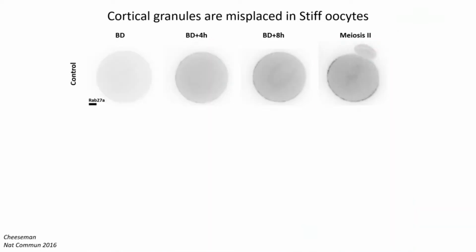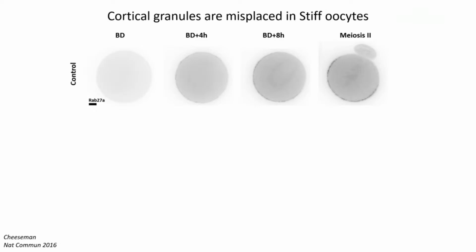And so we looked also at cortical granules, which are important to avoid polyspermy. So these granules, when the oocytes are fertilized, are going to be released from the oocyte, and they will prevent other sperm from binding to the oocyte. So in control oocytes, here, you see that the cortical granules are going to be translocated to the cortex of the oocyte, and they will follow the same pattern as you just saw before with CD9 and Juno.